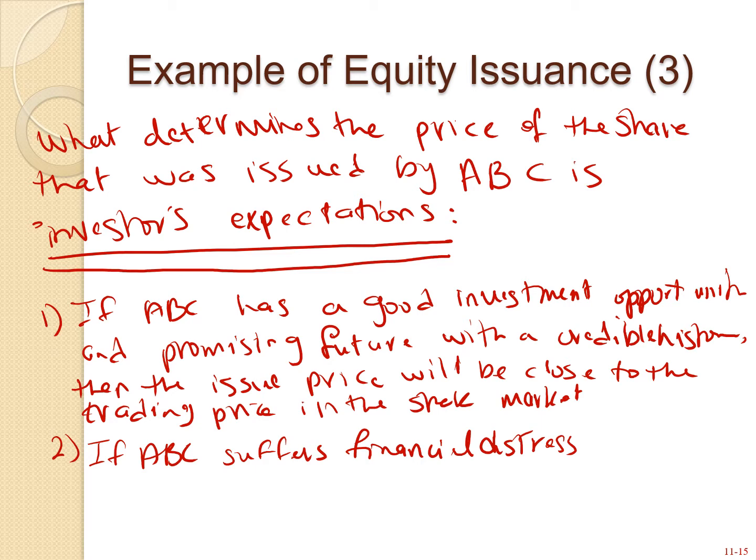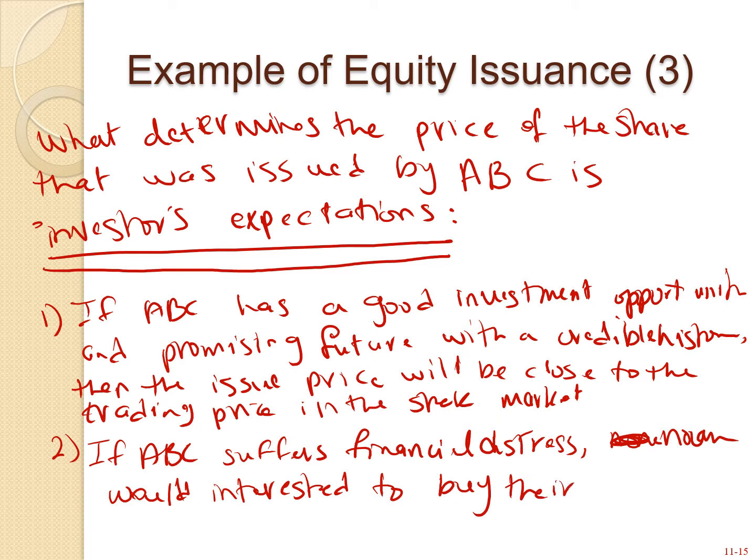So if the company suffers financial distress, no one would be interested in buying their shares, and therefore there is a very low demand and the selling price, or the issue price, will be too low.